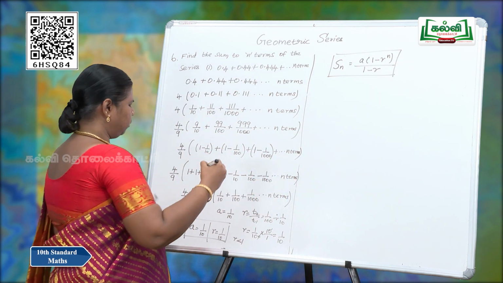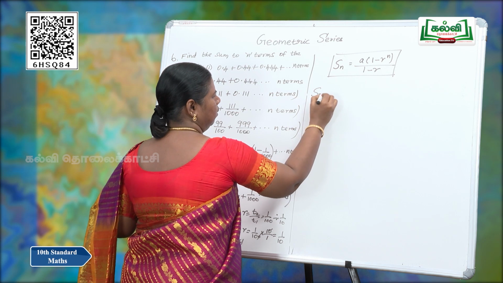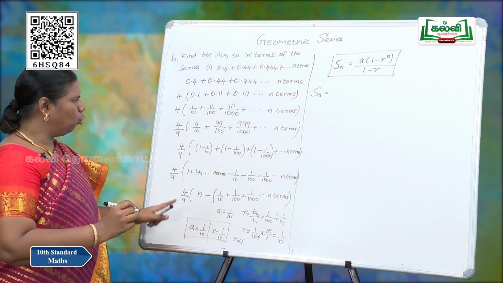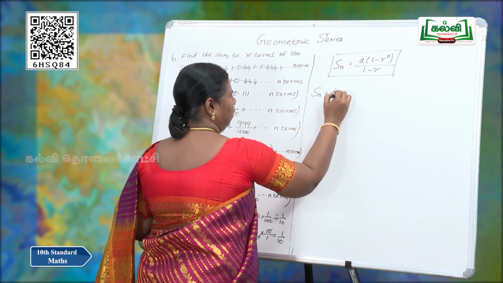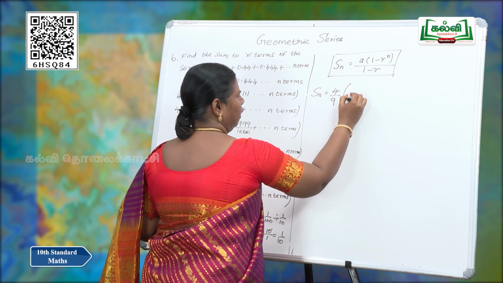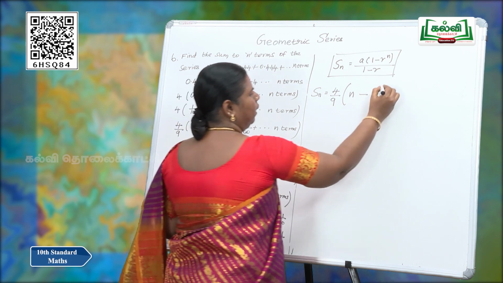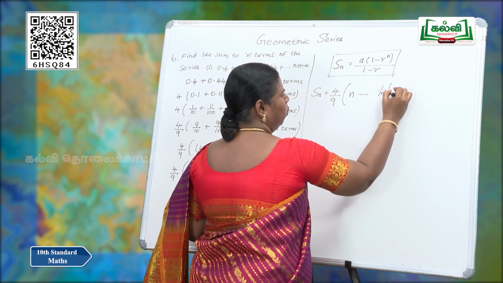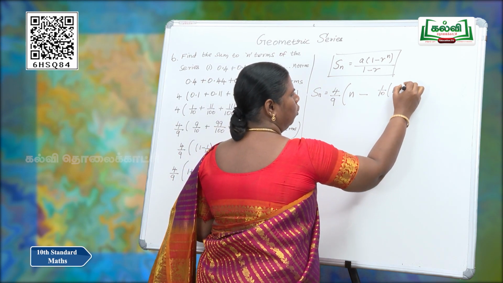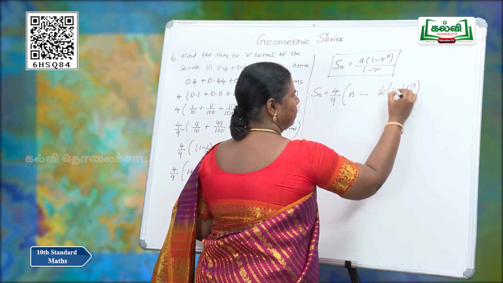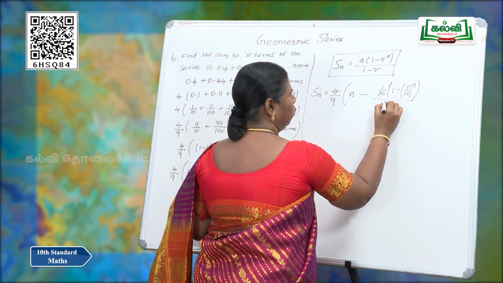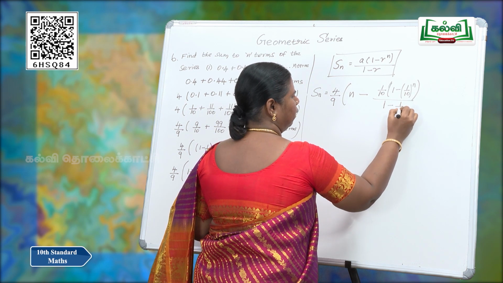The series becomes Sn is equal to 4 by 9 n minus, in the place of A, 1 by 10, 1 minus 1 by 10 whole power n by 1 minus 1 by 10.